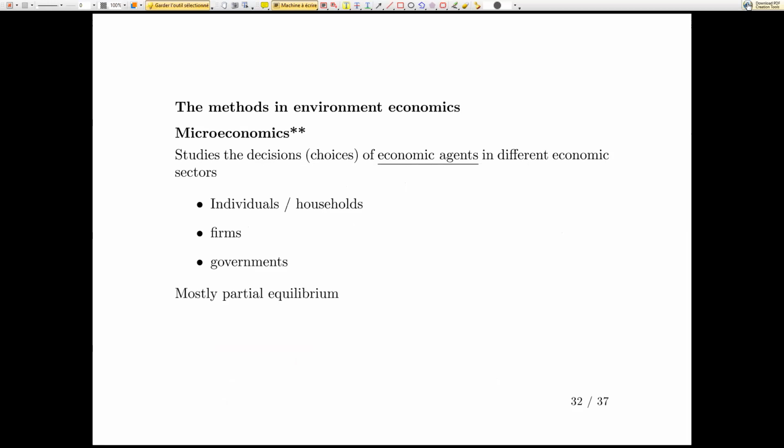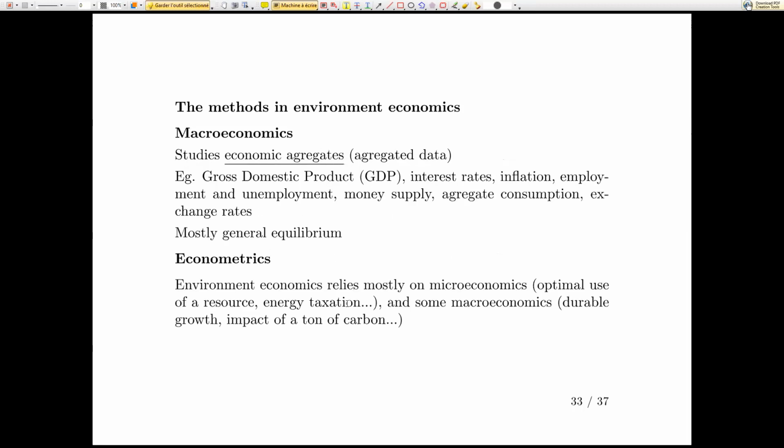You can think of the market of organic apples, or the market of electric cars, and then we can abstract from the other markets, because the general equilibrium models in macroeconomics are more complicated, and here it does the job basically. So this is the bread and butter of environmental economics.